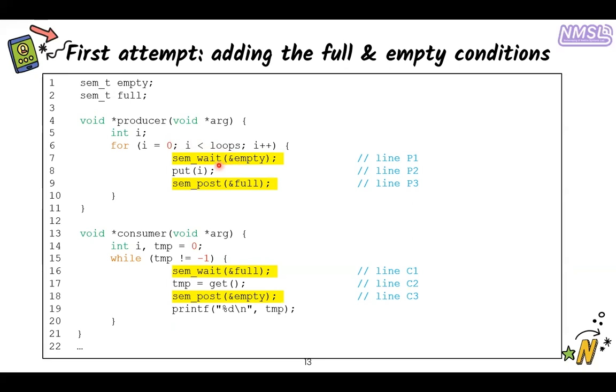So in the producer, you do a semaphore wait for empty, then you post saying, hey, I filled everything up, so semaphore post full. On the other hand, for the consumer, it's the other way around. You wait until it's full. When it's full, you just keep getting it. And when it gets empty, you do a post so the producer can go put things in.